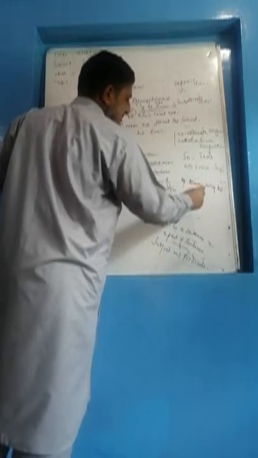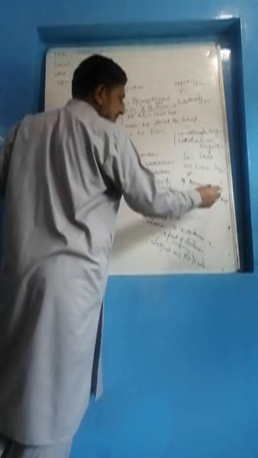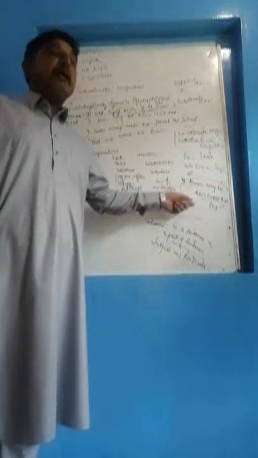I know is a principal clause, and why he has come here is a subordinate clause, but it is one sentence. So when a sentence has one principal clause and one subordinate clause, that sentence is called a complex sentence.